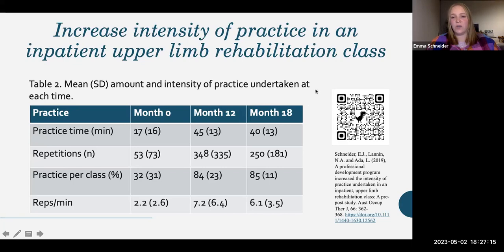It definitely showed that once we addressed that cultural change, had strategies set up for staff, and they knew what they had to do, and we made sure they were held accountable at an organisational level, it seemed to carry on for that period of time. So I think each individual setting needs to be addressed to see if they can have that change. Overall, they were very impressed and pleased with the amount of intensity of practice that we saw change just by targeting staff.